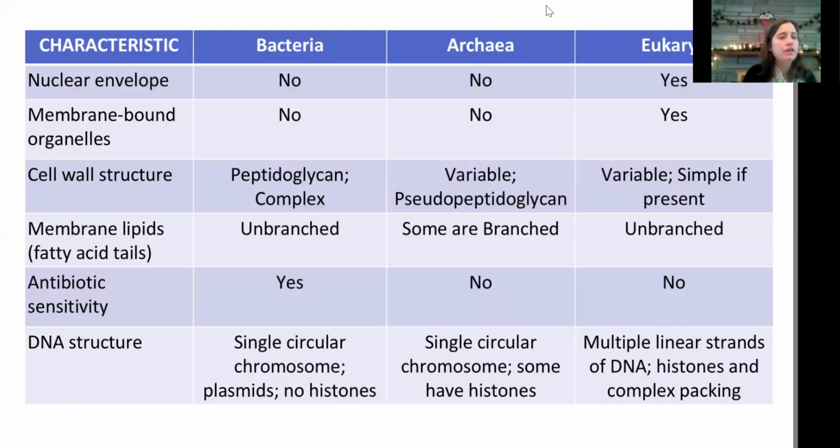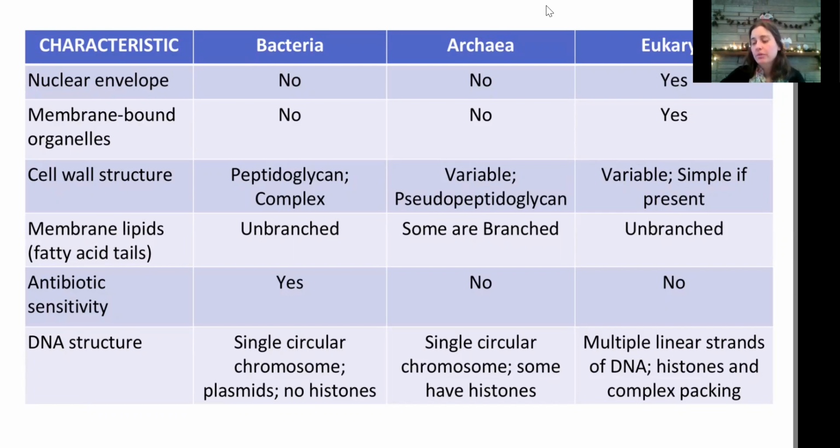Okay, so we kind of left off, and we need to talk a little bit about some of the differences between archaea and bacteria. We're not talking a huge amount about the archaea domain, but here's a chart that compares and contrasts the eukaryotic cells, eukarya, the prokaryotic bacteria, and the prokaryotic archaea cells.